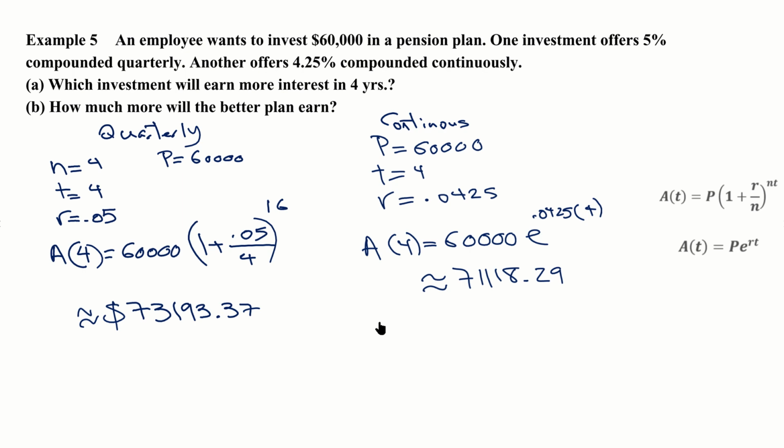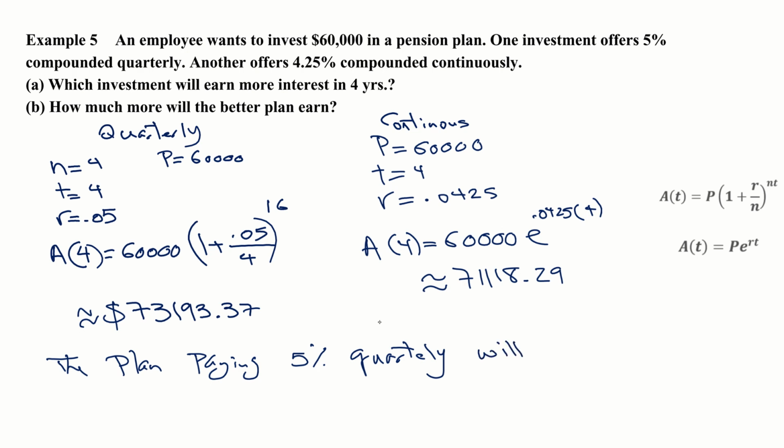So firstly, if you're going to answer it properly, we're going to say the plan paying 5% quarterly will pay, or will earn, and here we'll put a box, in 4 years. Okay, so now we're just going to subtract.